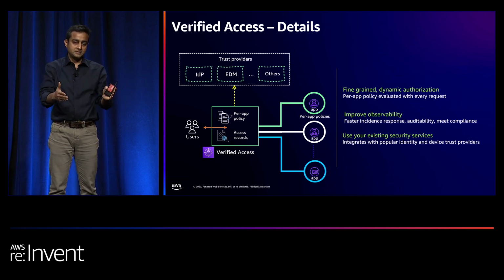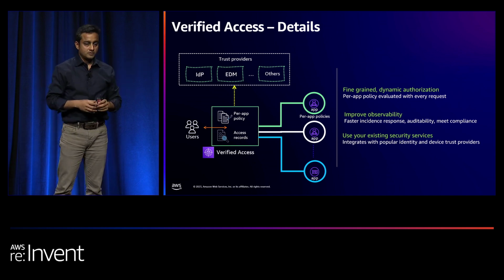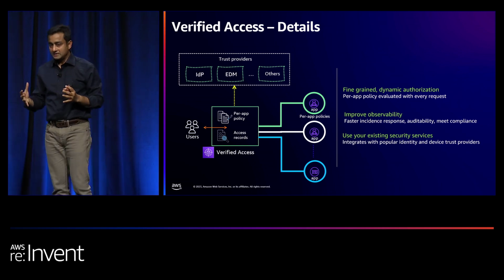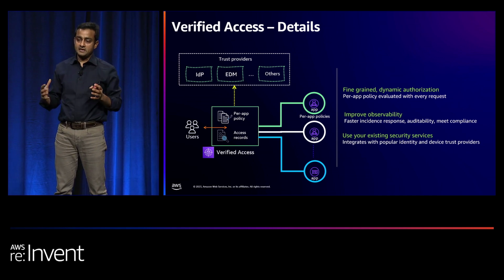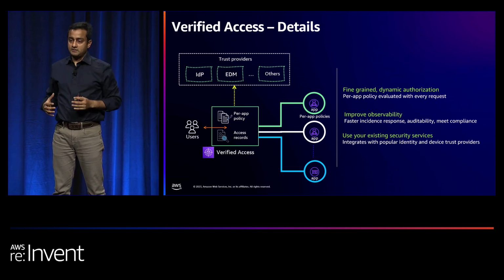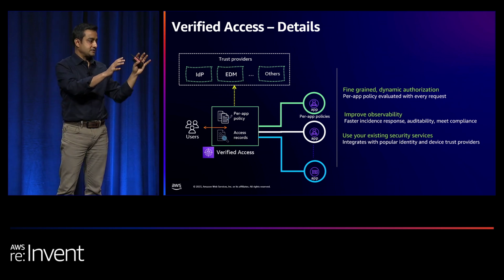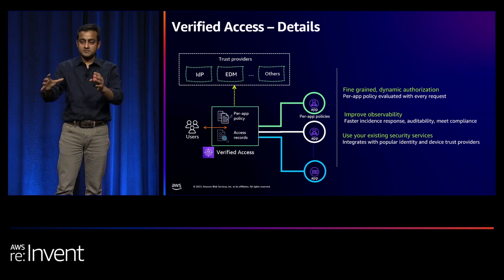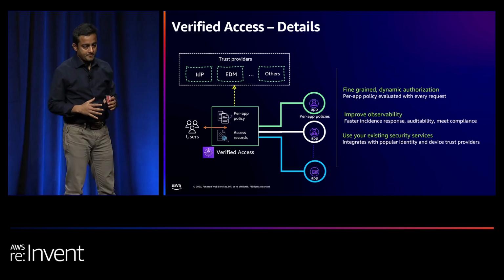If the policy says yes, then we connect the request to your application. These policies are fine-grained, so you can say that any employee, any staff can access the IT help desk. But to access a financial application, the user must be from the finance team, must have a compliant device, must have malware protection running, must have a certain OS version running, all those things. Then only they can access the application.